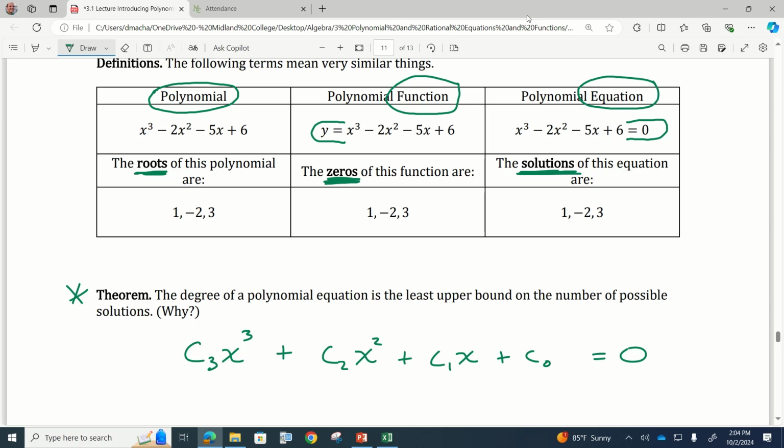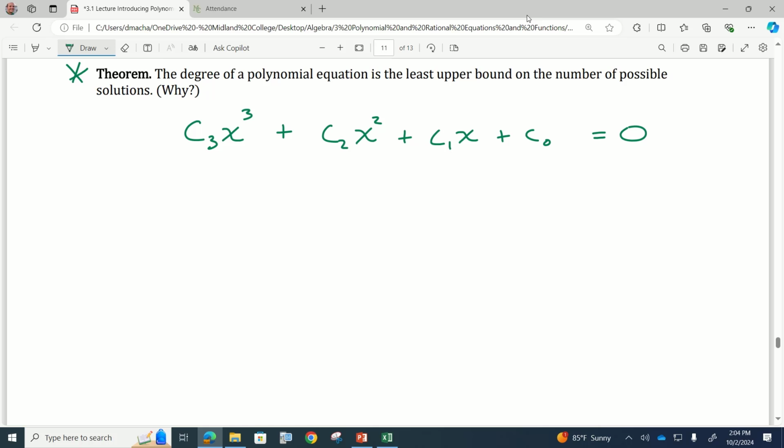This is an expanded form, so I can't tell what the roots are right away. And so if I don't know what the roots are, I don't know what the solutions are, and I don't know how many solutions there are. But what I can do is I can tell from the degree that this equation has up to 3 solutions.